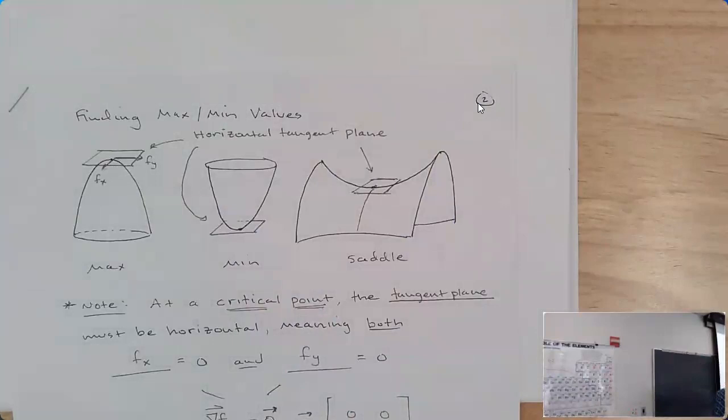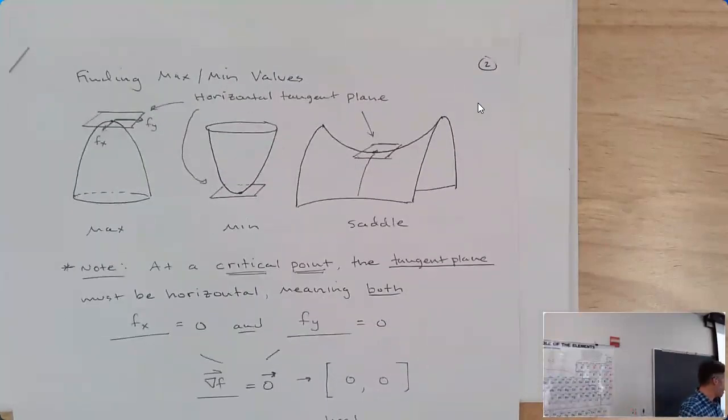Or in other words, we set the gradient equal to 0. So you're saying there is no direction of steepest descent. No matter which way you go, your derivative is just 0. There's no up, there's no down.